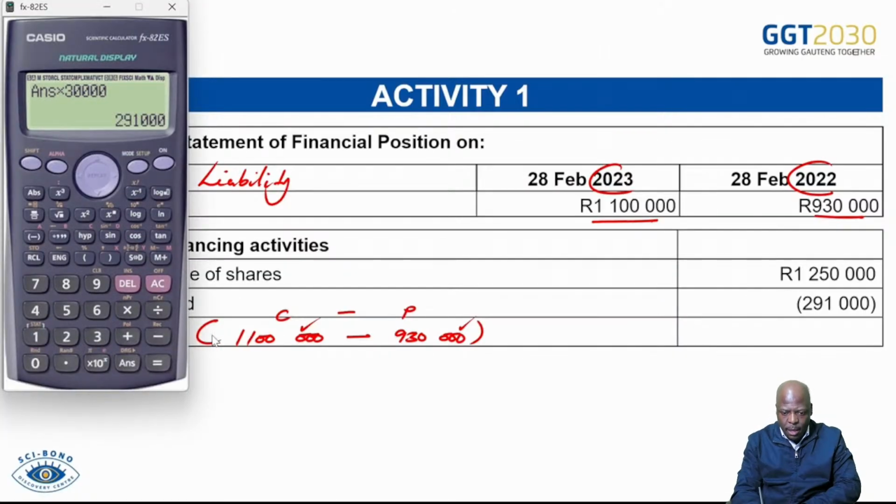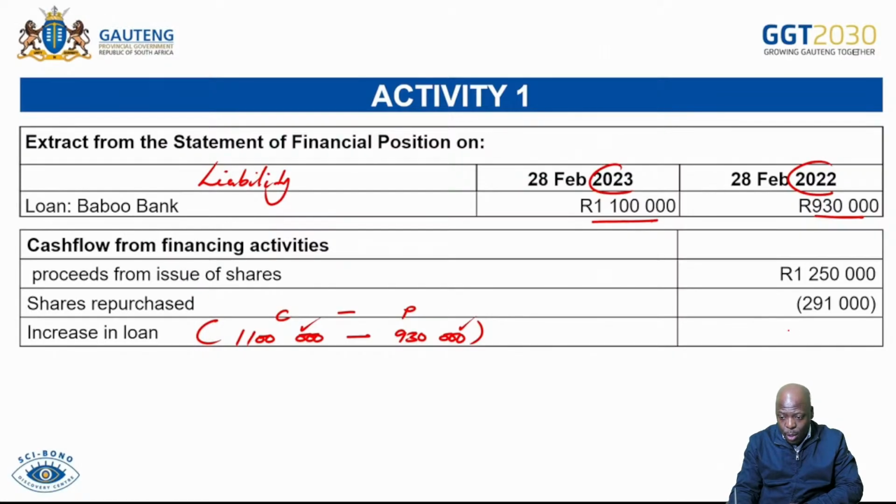So we come here, then we say 1.1 million minus 930,000, and then that will give you your 170,000. You can see on my calculator, it's a positive 170, an inflow. So I'll come here, then it's 170,000. Cash inflow.